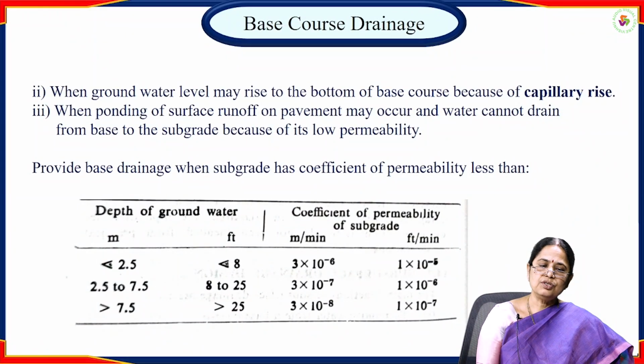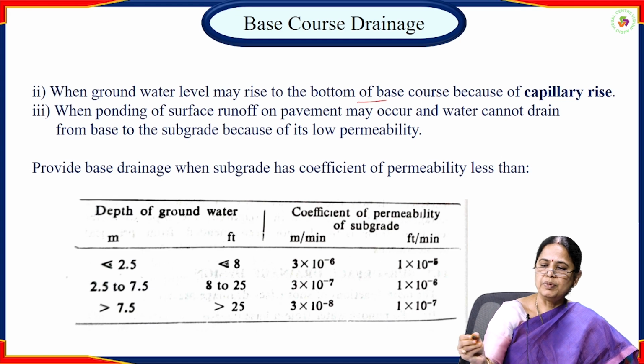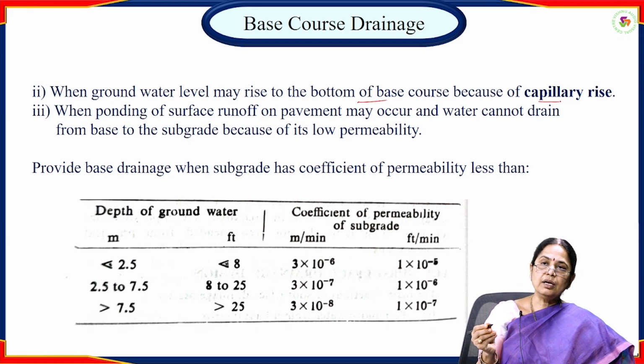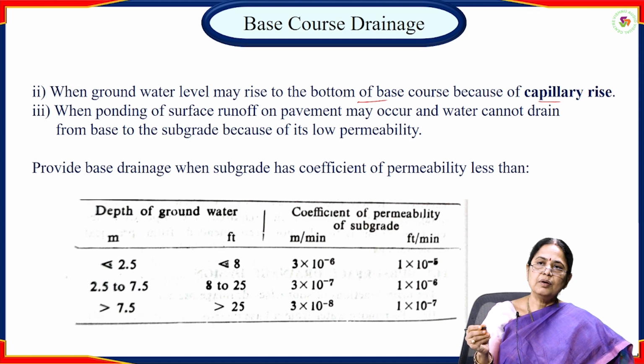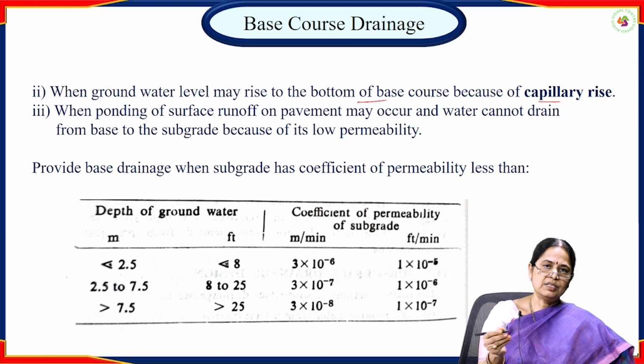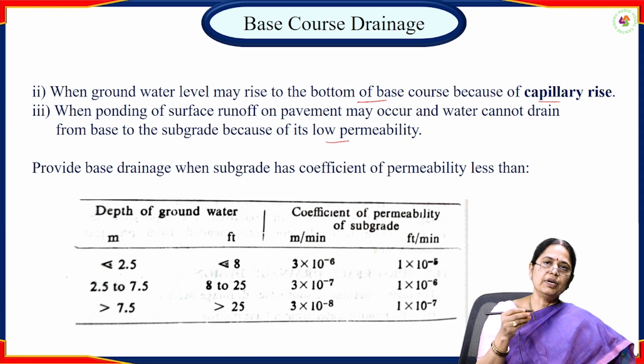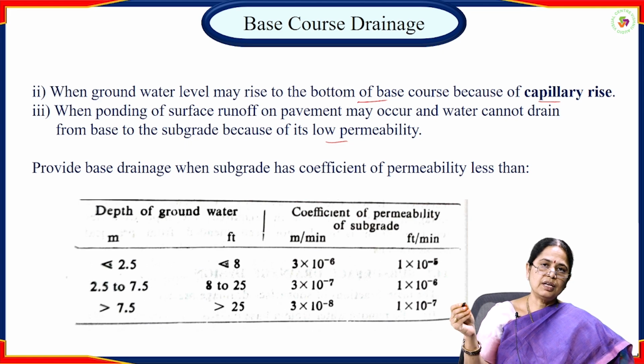Base course drainage is needed when the groundwater level may rise to the bottom of the base course because of capillary rise, and when ponding of surface runoff on the pavement may occur because of the impervious nature of the pavement and base course. Because of the low permeability, ponding can take place on the surface of the pavement. So, we need to provide base course drainage at the side of the pavement.